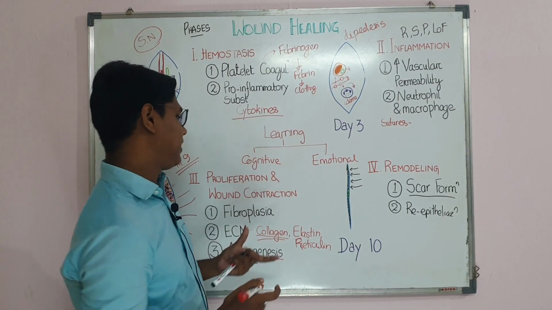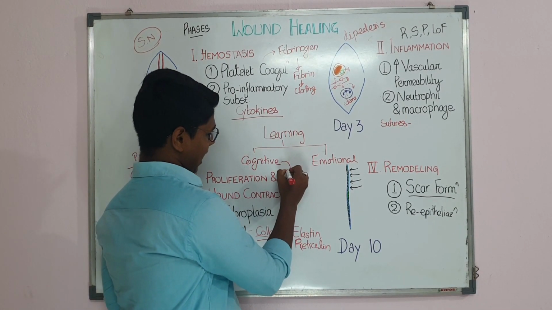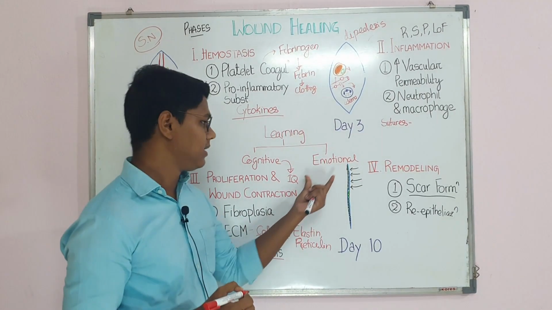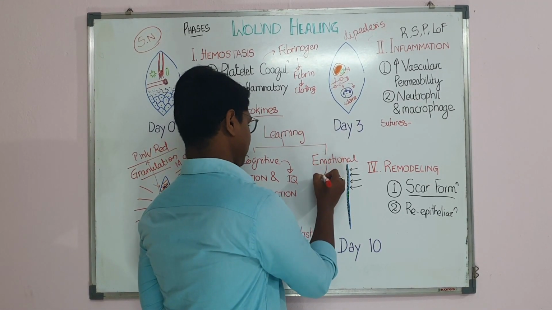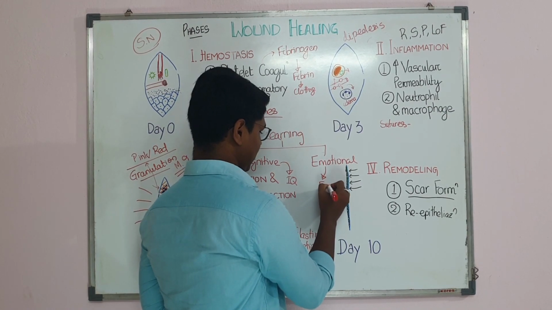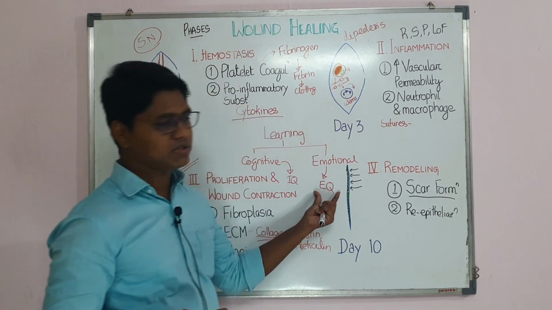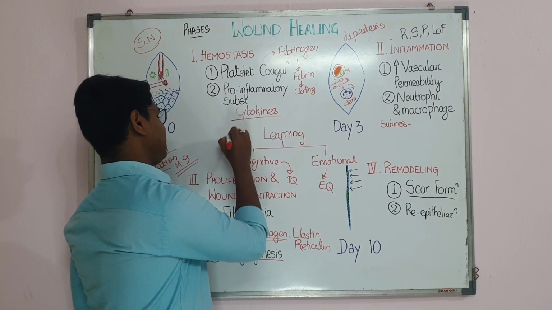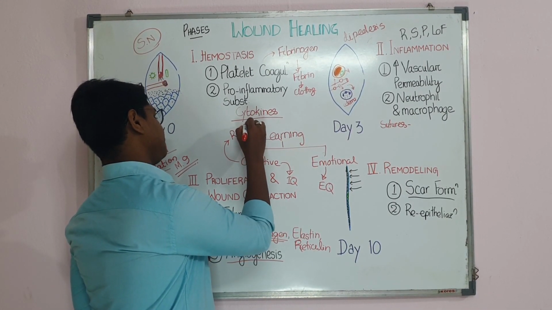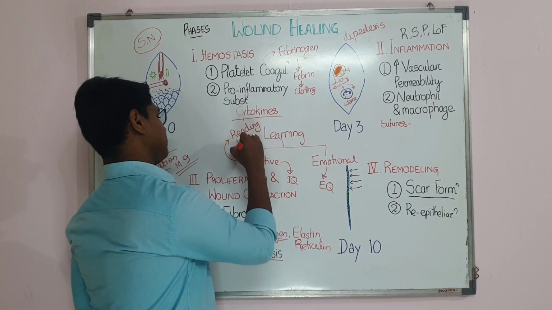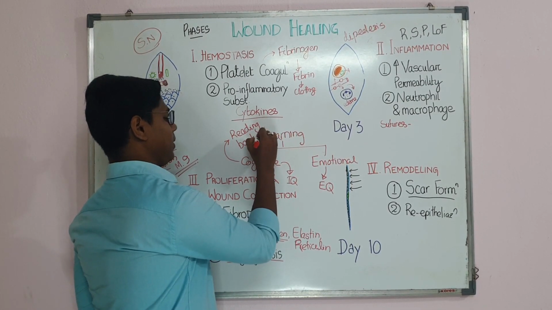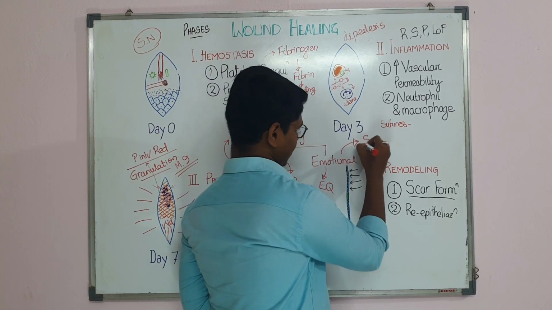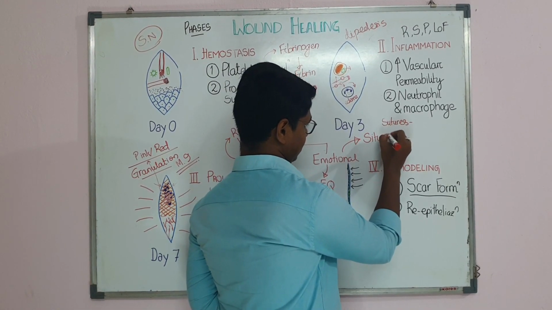Cognitive learning increases your IQ, the intelligence quotient. Emotive learning increases your EQ, the emotional quotient. Cognitive learning comes from reading books, while emotional learning comes from life situations.